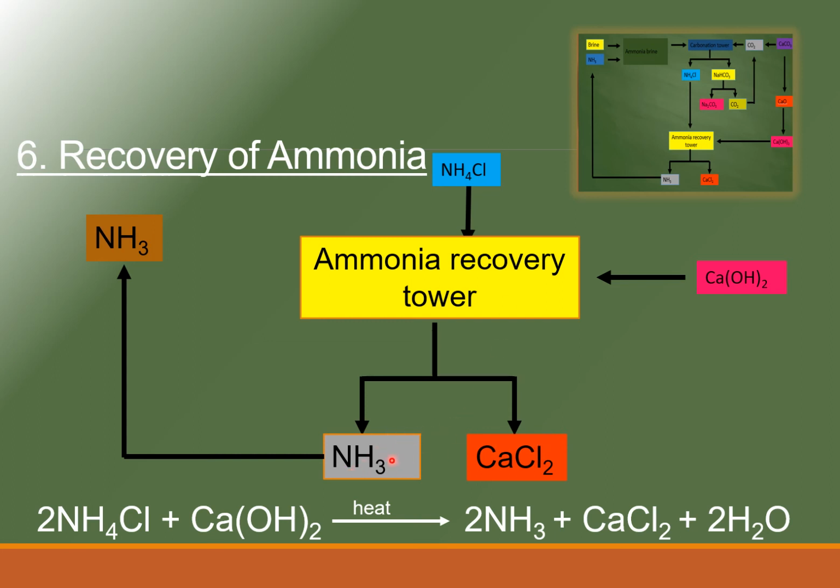This ammonia is recycled and reused as the raw material in the preparation of the ammoniacal brine. In this step, the following reaction will occur. Ammonium chloride reacts with calcium hydroxide at high temperature. We get ammonia, calcium chloride and water. This ammonia is reused as a raw material.